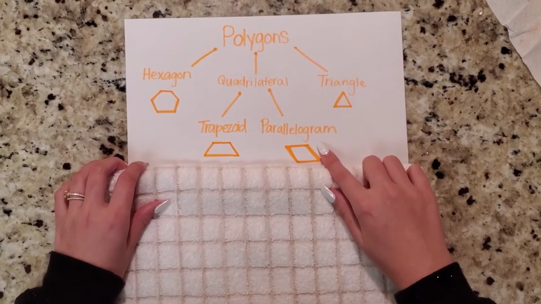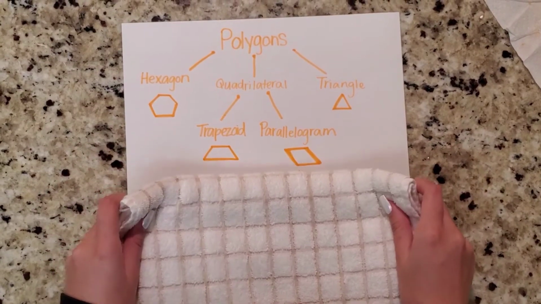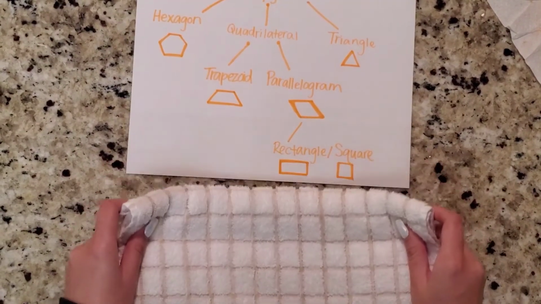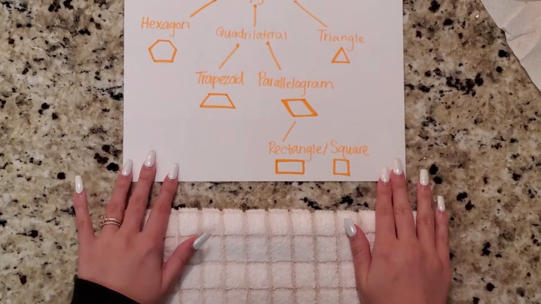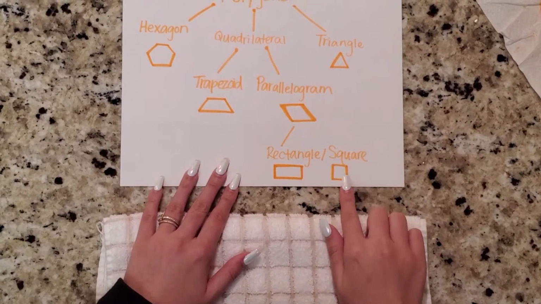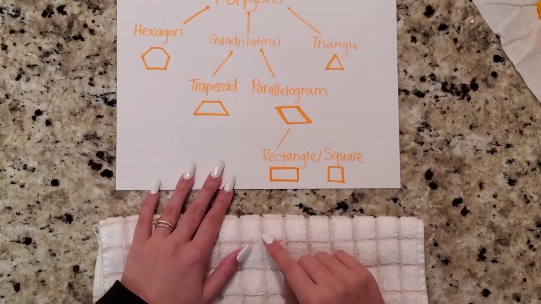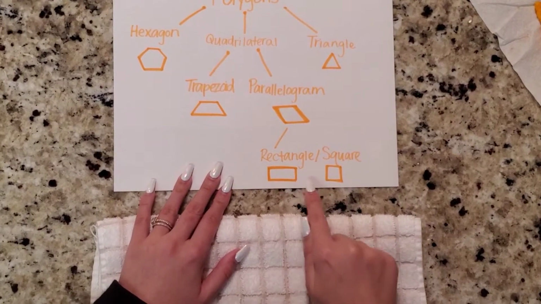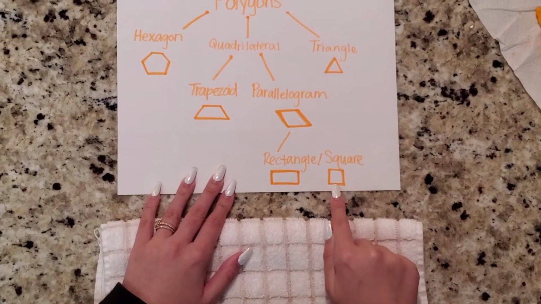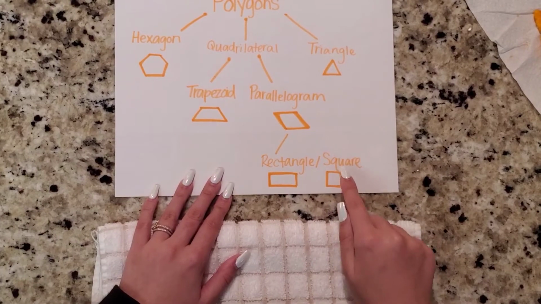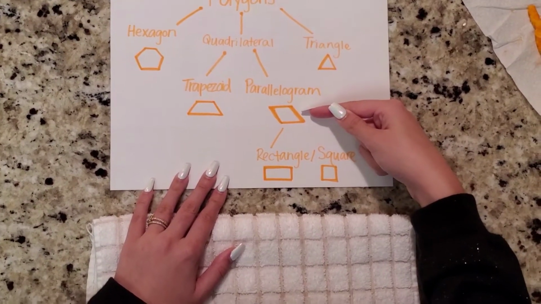Now if you move on down from the parallelogram to a new subcategory, we have our rectangle and our square. And a rectangle and a square both have 2 sets of parallel lines in these. And that's why a rectangle and a square are also a parallelogram.